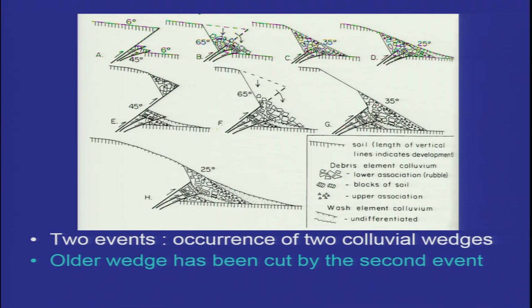So, again the same process takes place, and we have the deposition of the material and the formation of the soil here. And finally what we see is this one. So, you have the sequence coarser, finer, and then capping of the soil here.